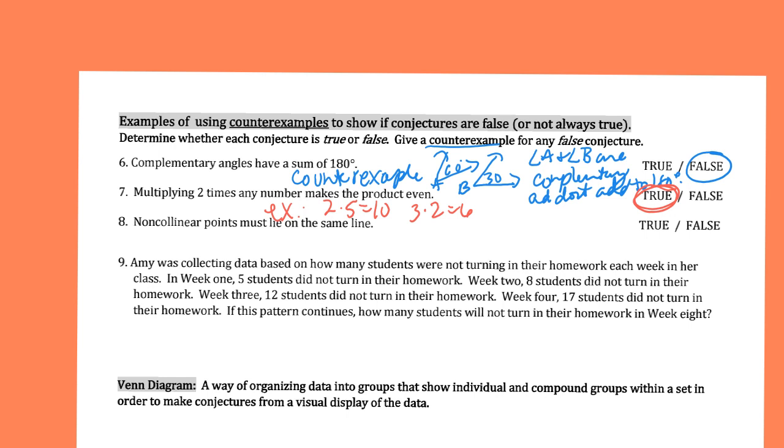Non-collinear by definition means they're not collinear. So this is a counterexample. If you've got 2 points on the line, and you've got C, so they're not collinear points. Well, notice points A, B, and C are non-collinear.